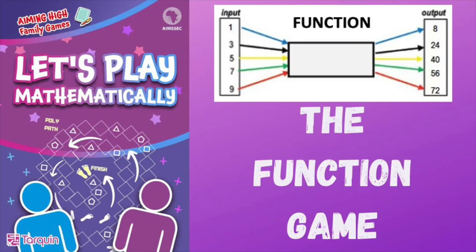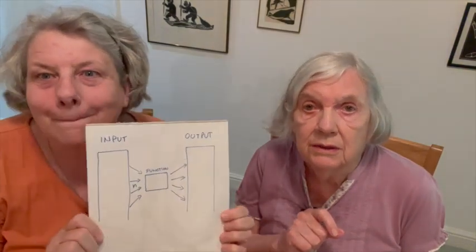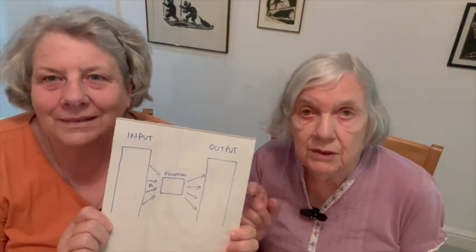The function game. It's a mystery for you to work out. Guess the rule. So Caroline's going to give me a number, and it's going to be the input to the function, and I'm going to give the output.